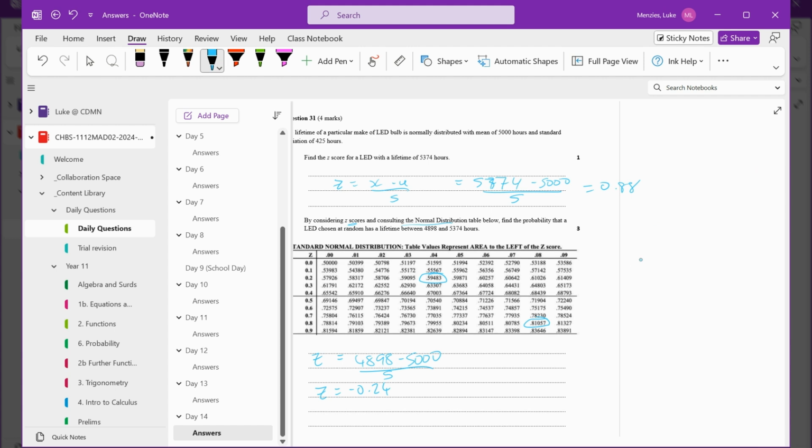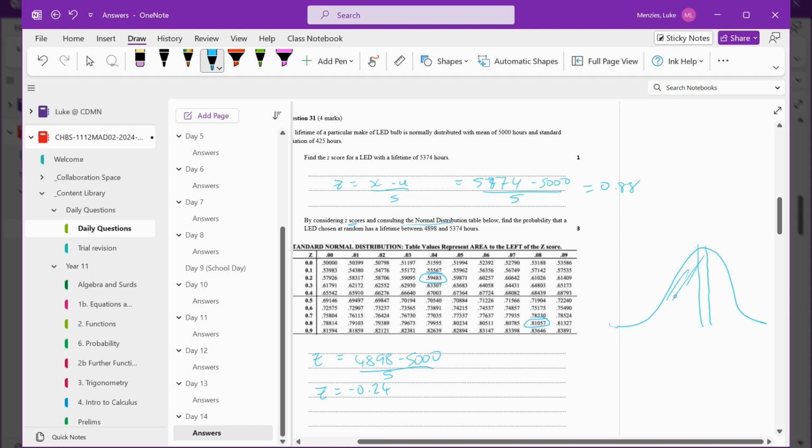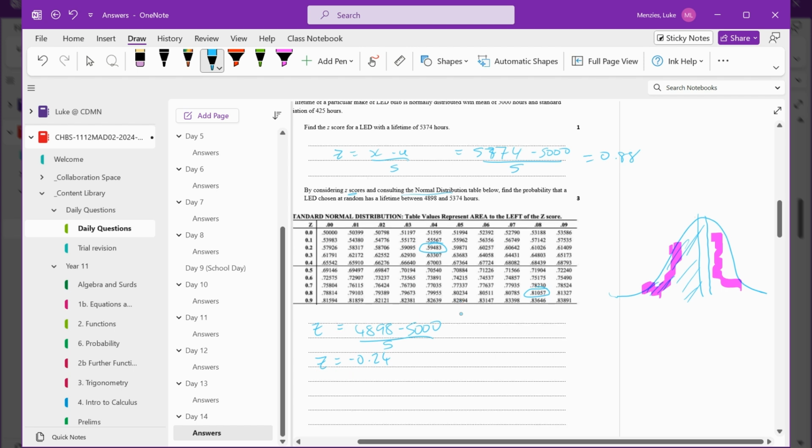If I draw my bell curve, that's my mean. 0.24 would be finding all this part in here, right? We don't want that. We want this part, but reflected on this side. And the fact that it's symmetrical means that we can do some trickery here and say 1 minus the value of that.